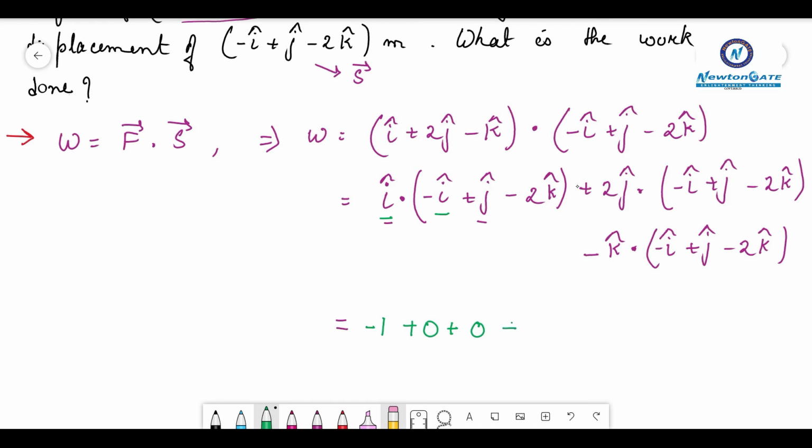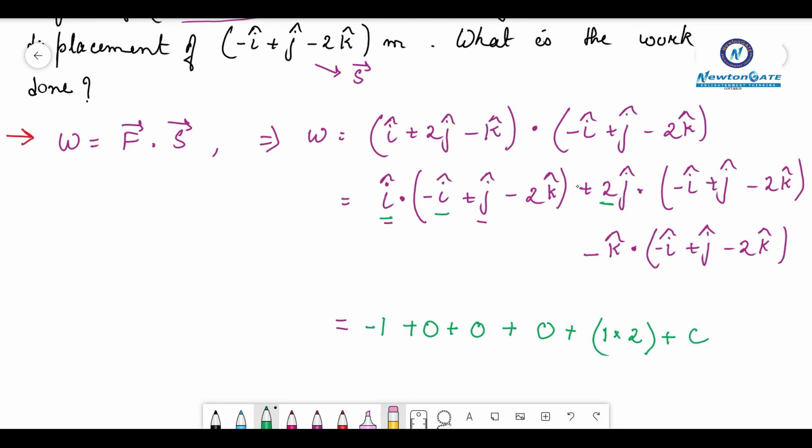Next, plus we have 2j cap dot minus i cap. So j dot i gives me a value 0, so the first one will be again 0. Next one, plus j dot j gives me a value 1, and I will multiply it by the scalar value 2.